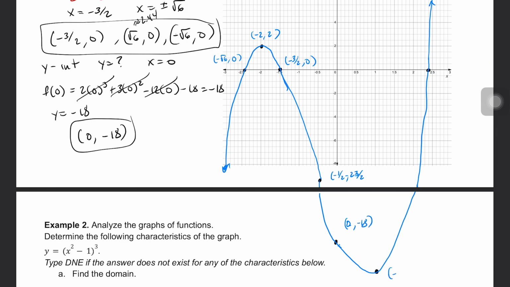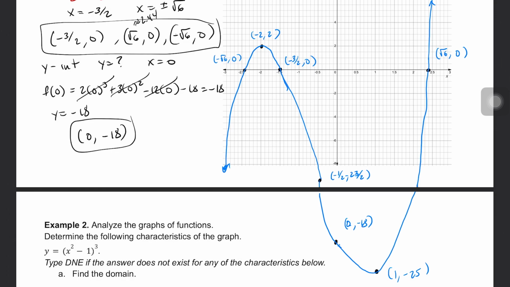This is positive 1, comma negative 25. And this is square root of 6, comma 0. That way, whenever we are drawing our pictures, at least the reader will know what the intention is. We're not going to be that accurate, but at least we can put the correct labels.